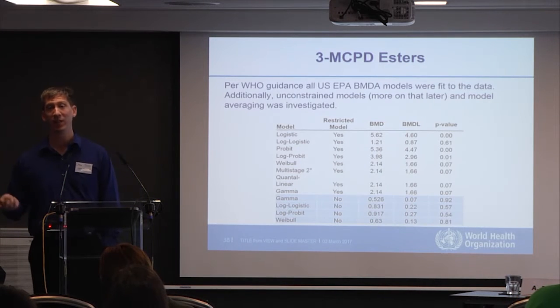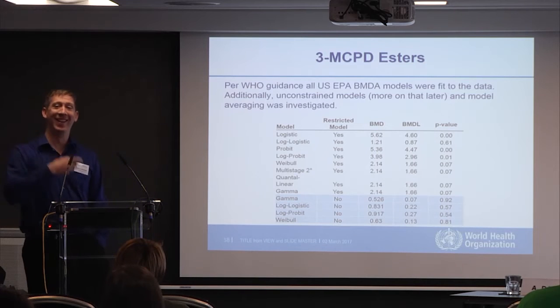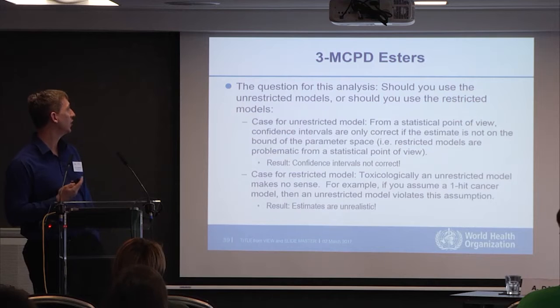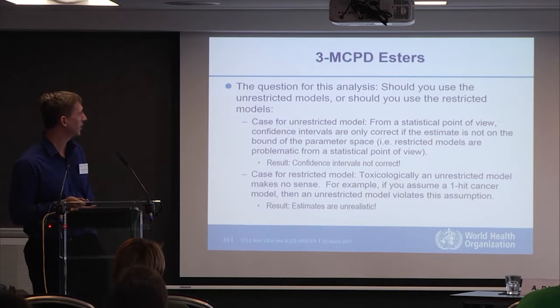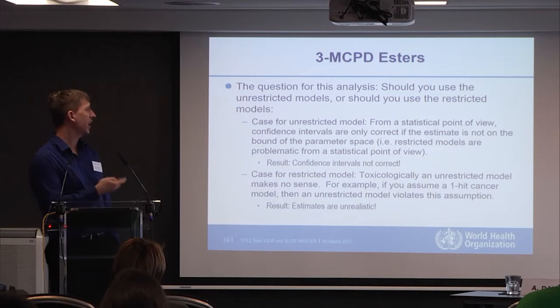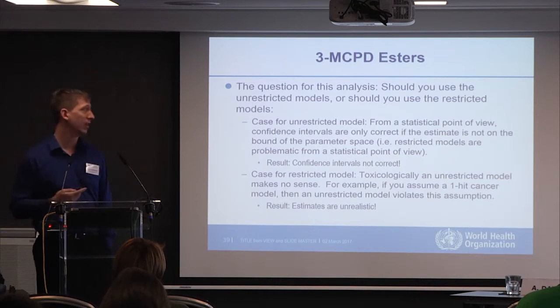I was on the side of unrestricted models at JECFA. So why? Should you use unrestricted models or should you use restricted models? So there's a case for unrestricted models. Now, my case for unrestricted models is a statistical one.